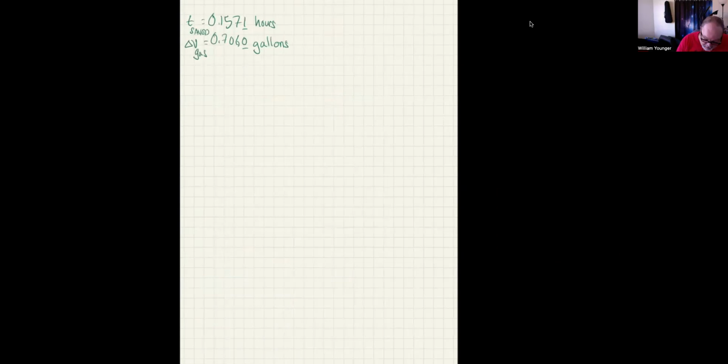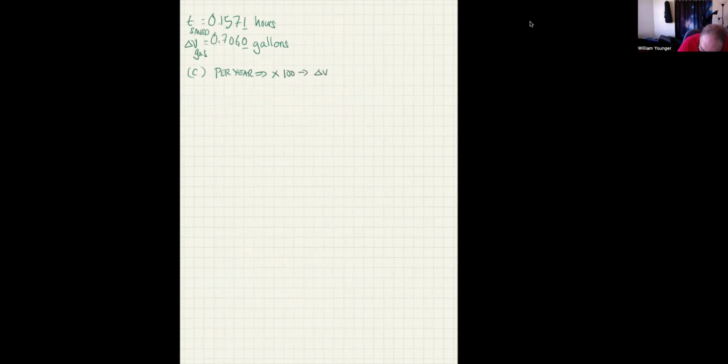So in part C, what we want to do is figure out, first off, if I did this 100 times per year, how much gas would I use? So per year implies multiply by 100.